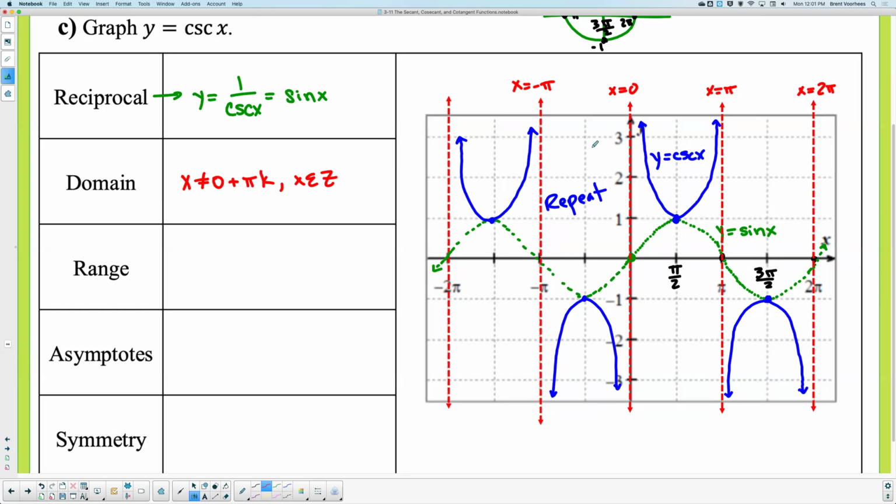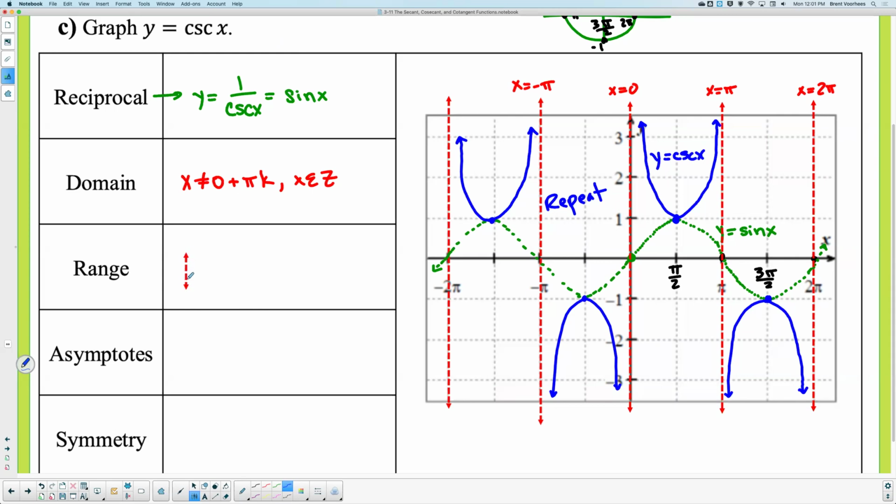Now you can see the range. Before I had to just tell you the range, now you can see it. Tell me about this piece of the range. Range means up and down. Let's do lowest first. How low does this parabola itself right here go? It goes down to negative infinity. So you would say from negative infinity, I'm going to do this one in blue. How low did you say?